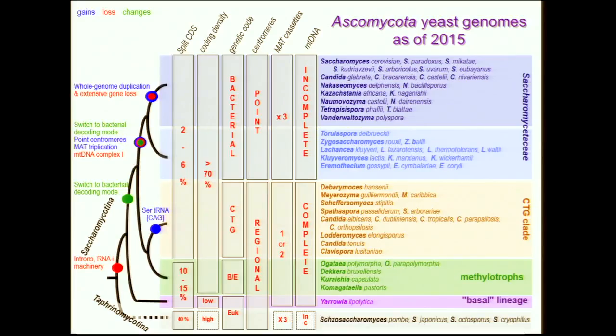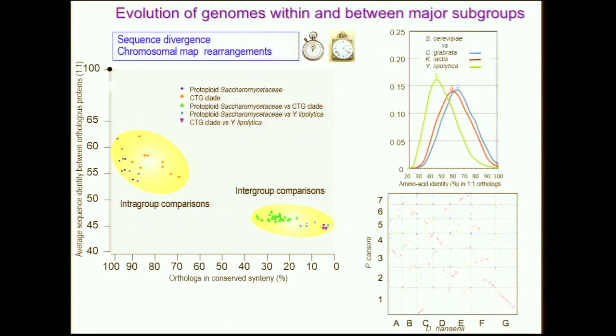Okay. Based on that, we could attempt to recapitulate the evolution by putting a change of genetic code somewhere here, okay? Switch to bacterial decoding mode somewhere here, and here the invention of point centromere, mat triplication, loss of mitochondrial DNA genes, and so forth, okay?